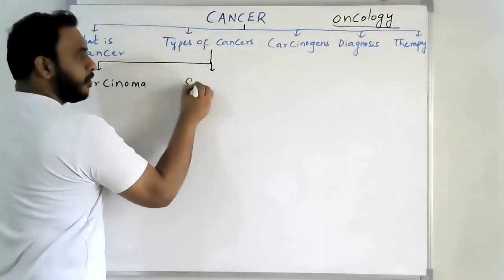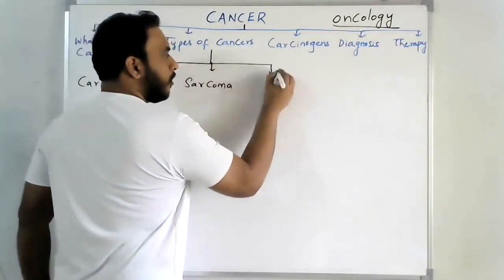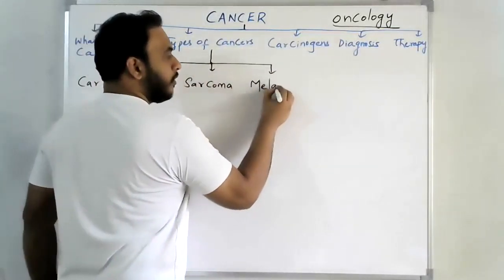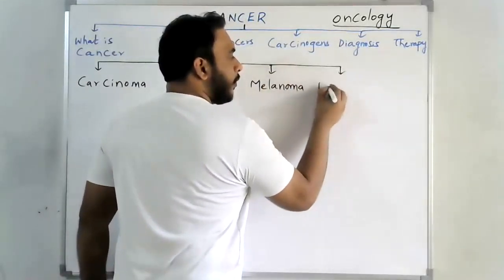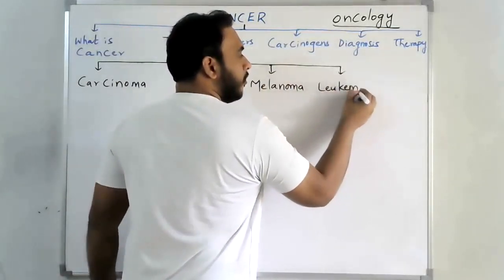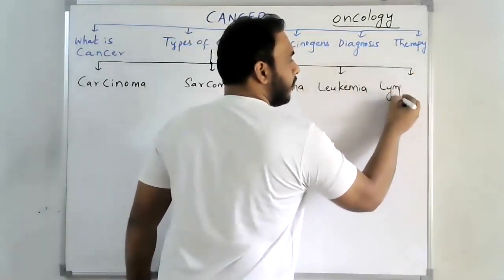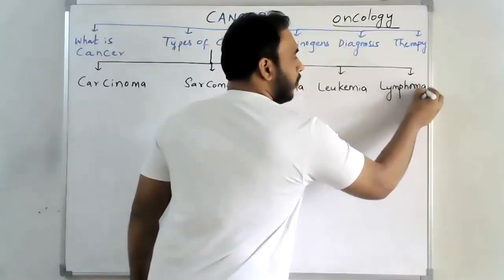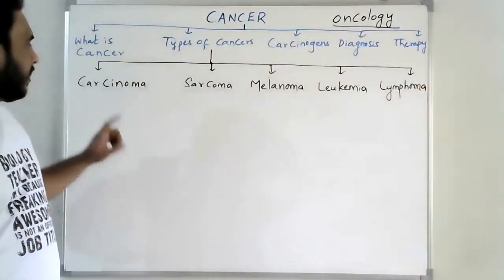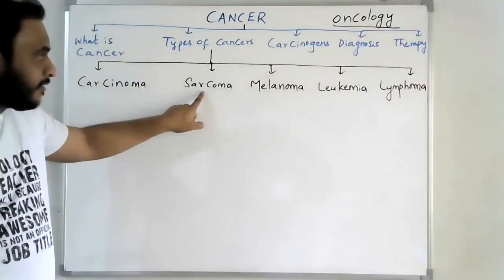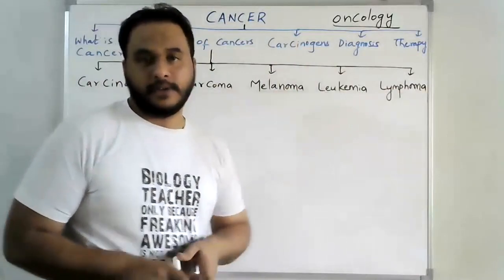Next, sarcoma. Next, melanoma, leukemia, and then lymphoma. So these are the 5 types of cancers.